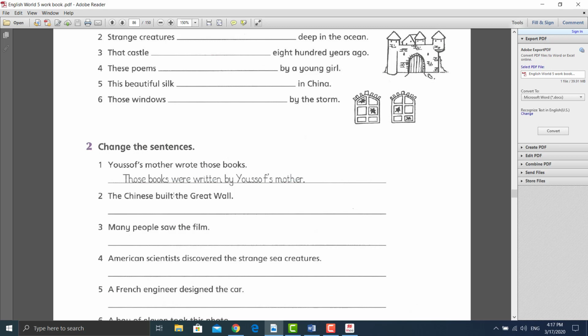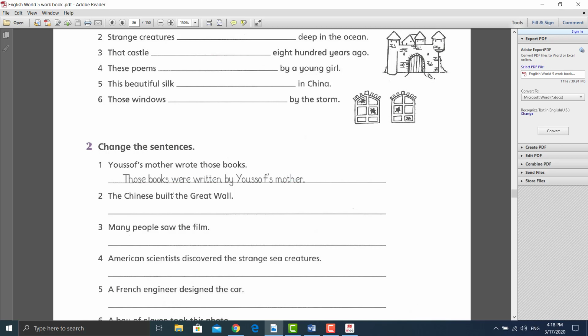Okay, sentence number 3. Many people saw the film. What type of sentence? Of course, this is active. It starts with a subject, followed by a verb, followed by the object. Where is the object?